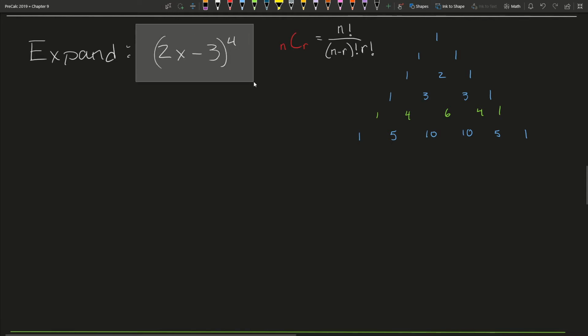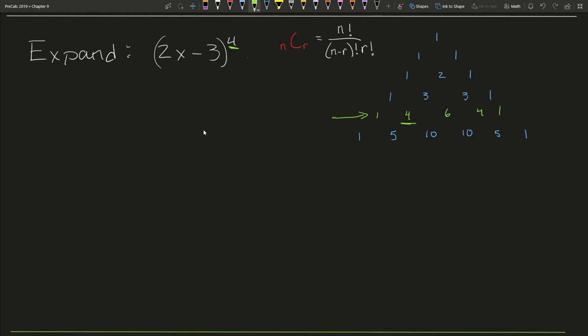If we want to expand 2x minus 3 to the fourth, that is the fourth expansion of 2x minus 3. Okay, so when we're dealing with these low expansions, it's best to just draw the Pascal's triangle and go to where we see the 4 in the first term spot. Okay, so we're dealing with this expansion.